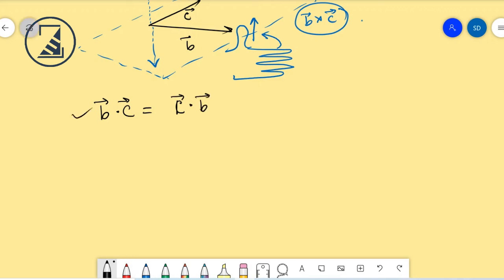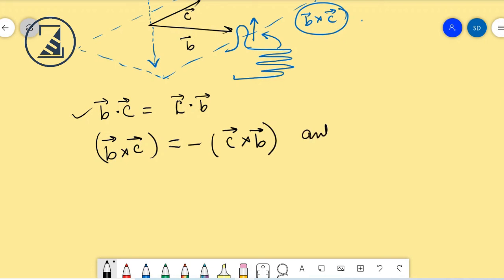But the cross product is not symmetric. Cross product is something we call antisymmetric. That means B cross C is minus C cross B. So this is antisymmetric.